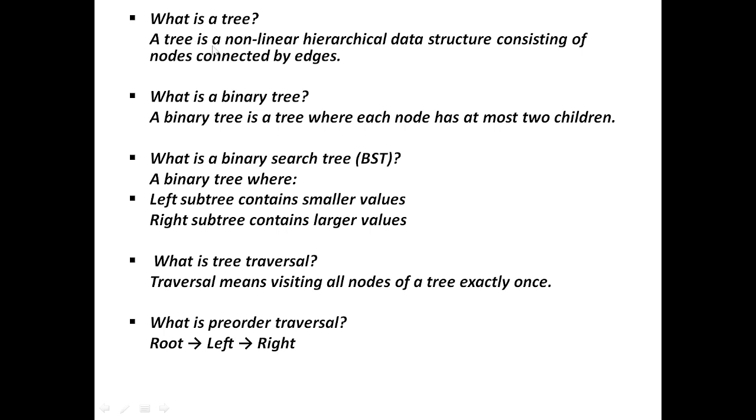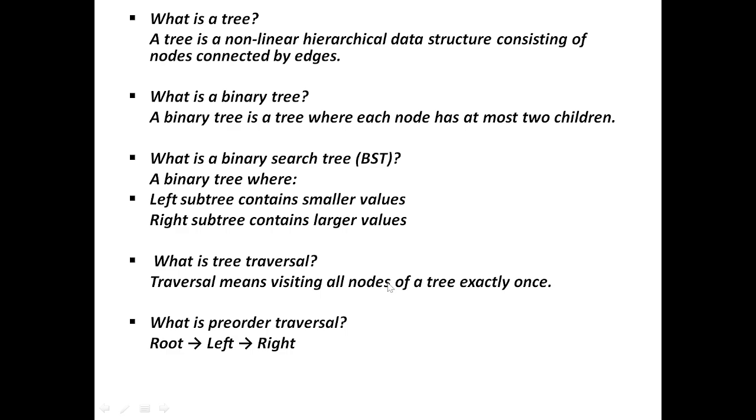What is a tree? A tree is a non-linear hierarchical data structure consisting of nodes connected by edges. What is a binary tree? A binary tree is a tree where each node has at most two children. What is a binary search tree? A binary tree where the left subtree contains smaller values and the right subtree contains larger values. What is tree traversal?